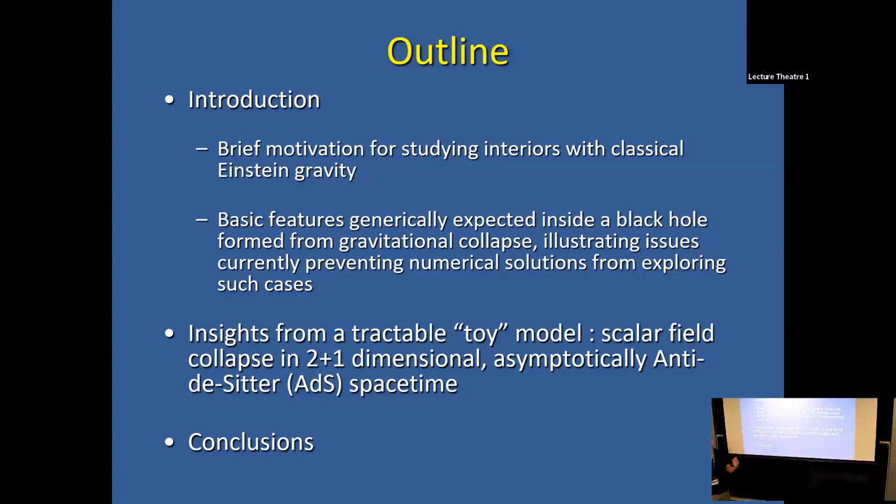There we essentially have circular symmetry, but in terms of the PDEs we have to solve, it still just depends on an r and a t coordinate. That's the only case where we can get some tractable handle on the numerics. I'll explain in a little more detail, but the problem is the coordinates, the gauge.